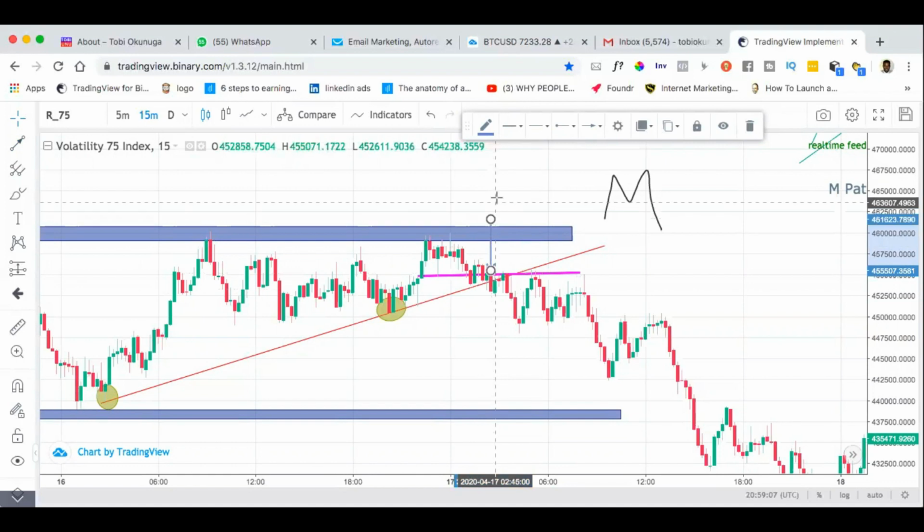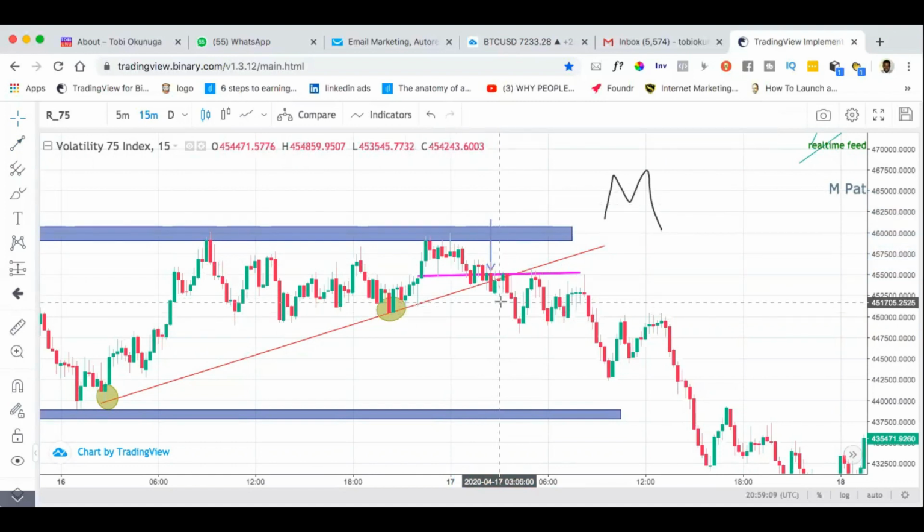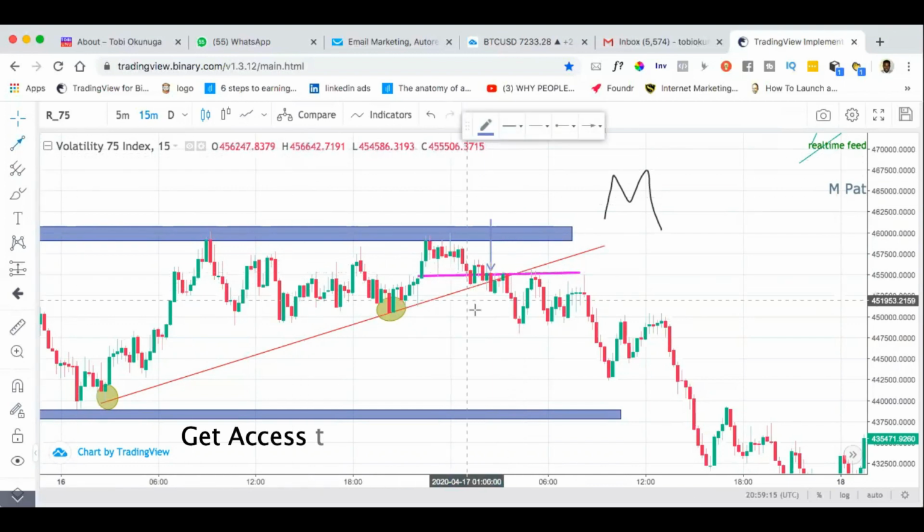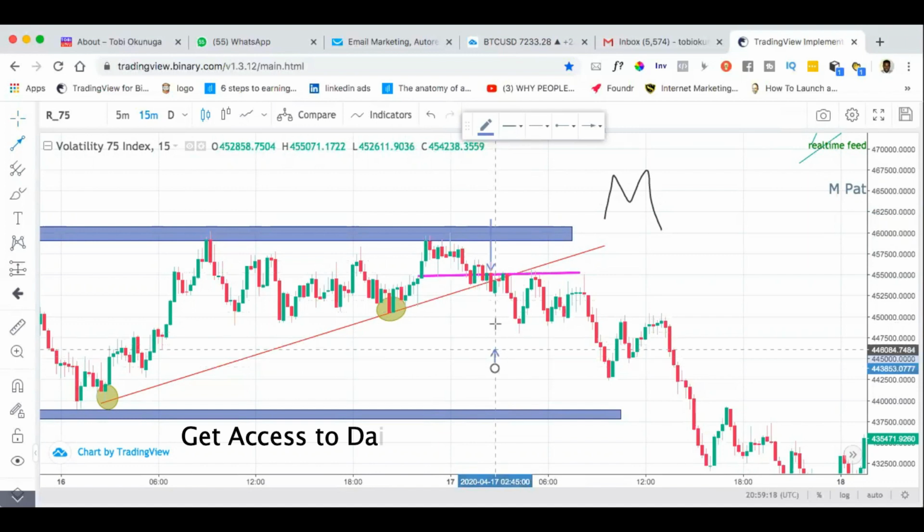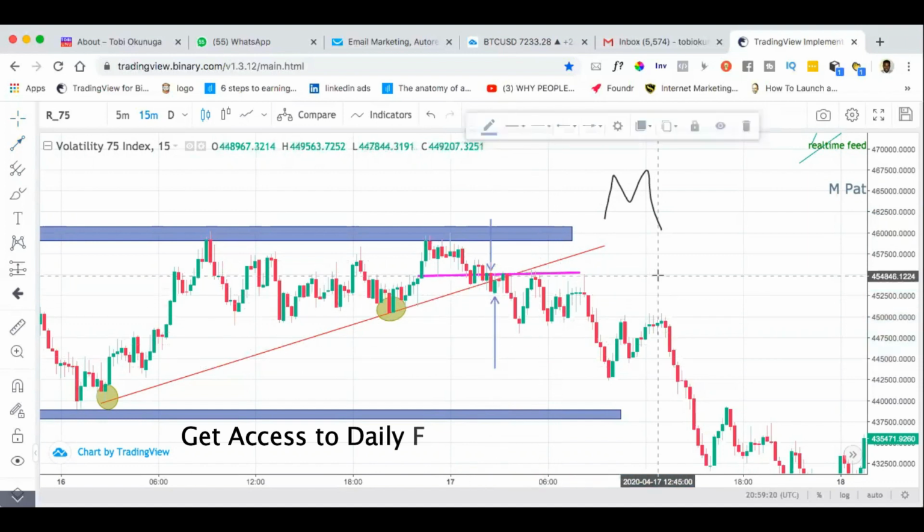I'm going to enter on the retest that came very close to or touched the neckline. So this will be my entry on this particular bullish candle over here.